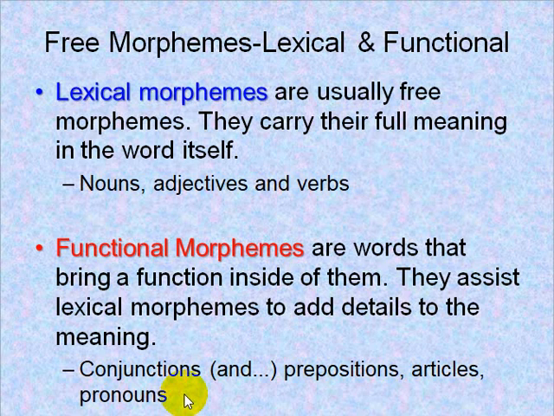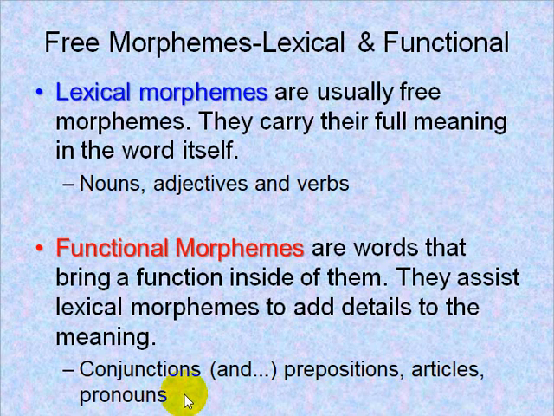Its function is to show plurality, while the eem's function, or its modification to the meaning, is to show the abstractness of the concept of morpheme, while the morph is the main root morpheme, which has the full meaning.